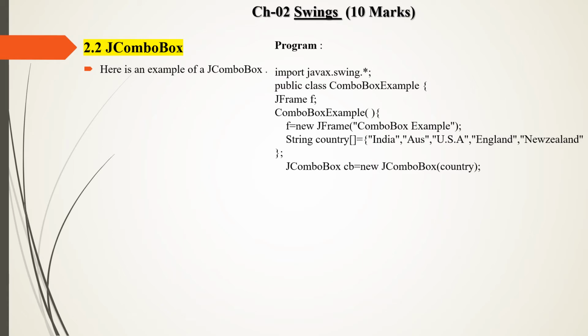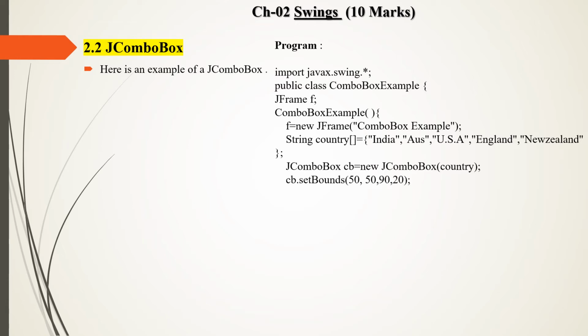Then next we create one object of JComboBox, and in the constructor we pass the array. Country is the array, an array of countries, and this array is passed through the combo box constructor.